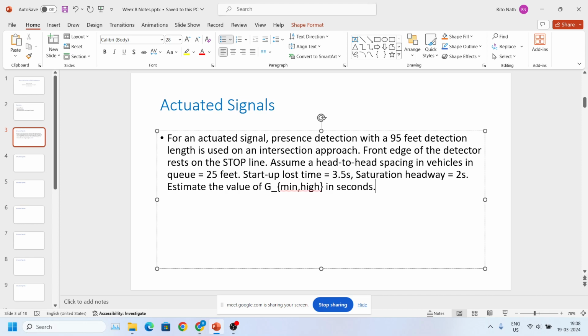So this is the problem that you have, and I think this was covered in the very first module of this week's content. To solve this problem, this is directly related to what we discussed in the classes. And the formula for G min high was directly given, I think, in one of the slides, where it is dependent on the startup loss time.